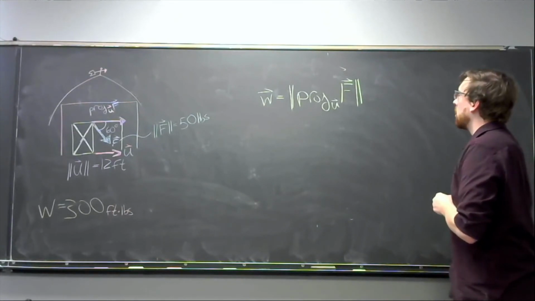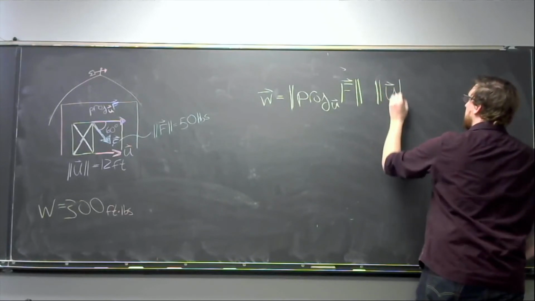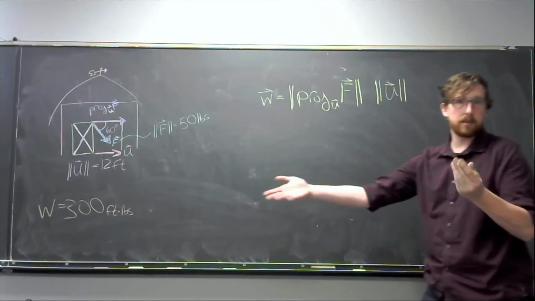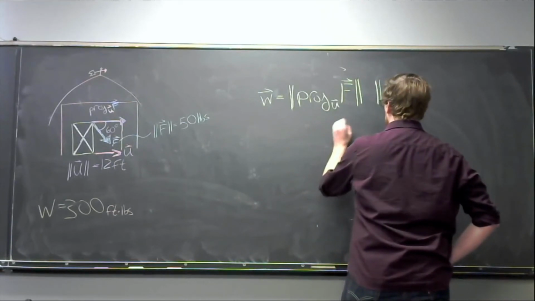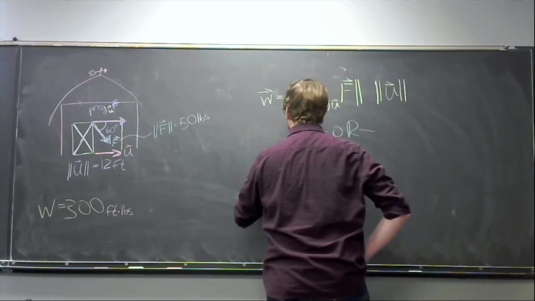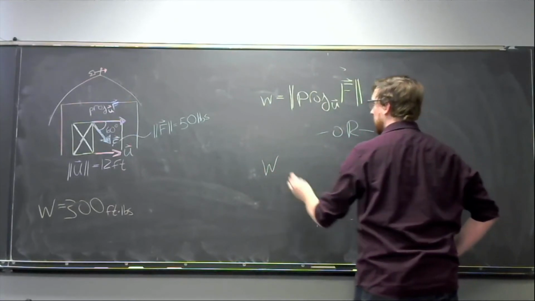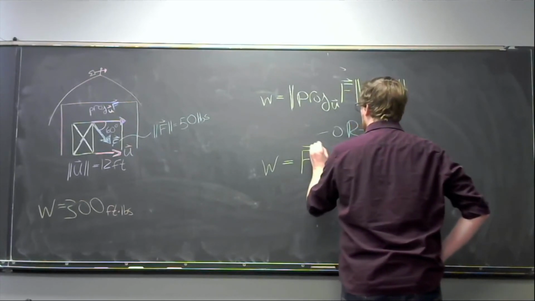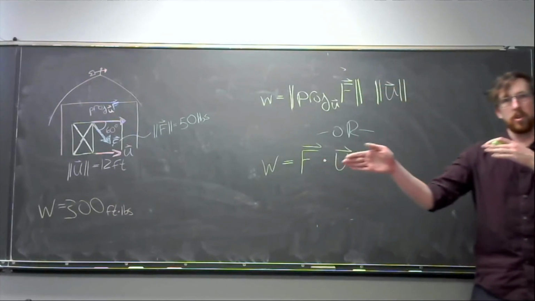Times the magnitude of how far we walk, so the distance. Or we can say that work's not a vector. Why did I write the arrow over it? Or work is equal to force dot the vector with which we move along.